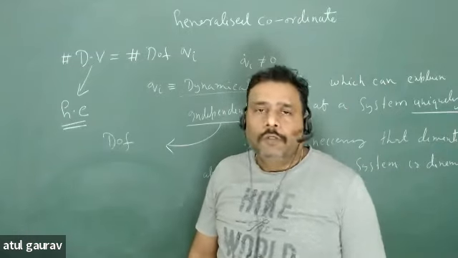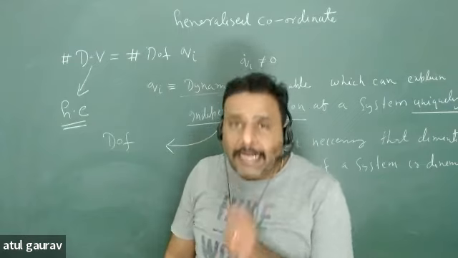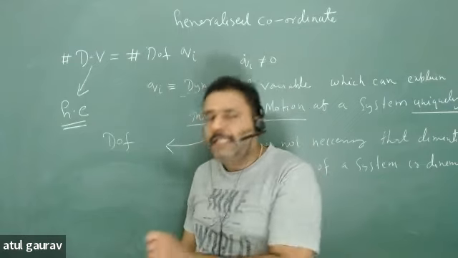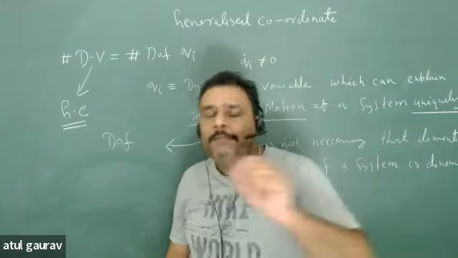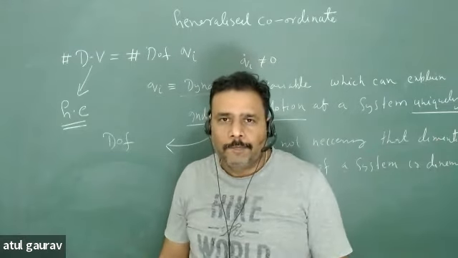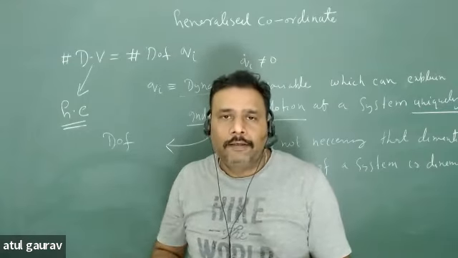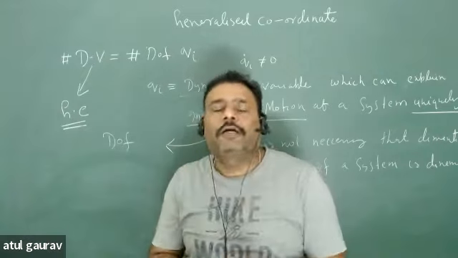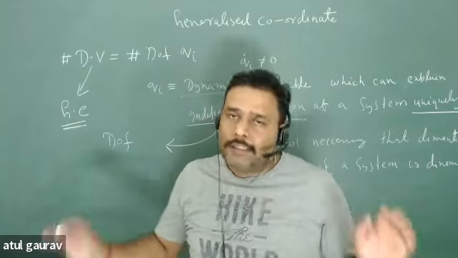What you have to do is always first calculate your degrees of freedom, and then for each degree of freedom, identify the suitable coordinate. In finding the suitability of a coordinate, you just have to see the configuration of a system.